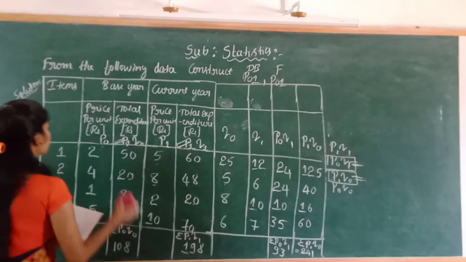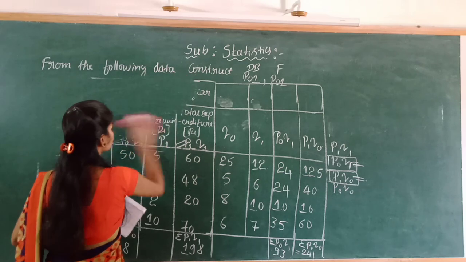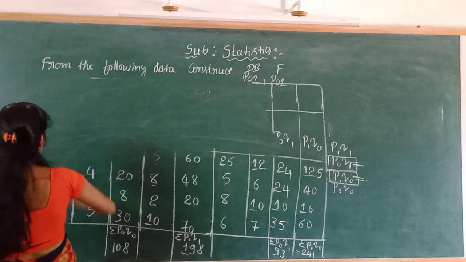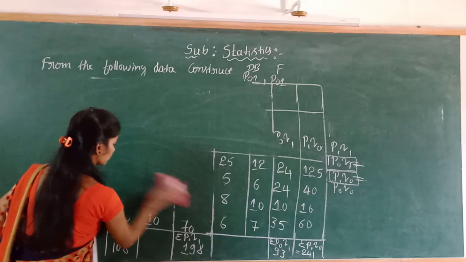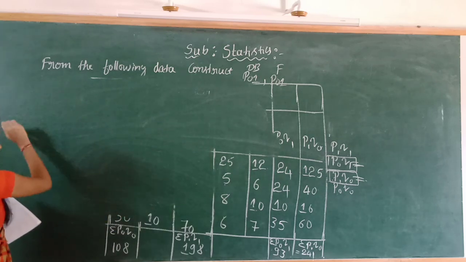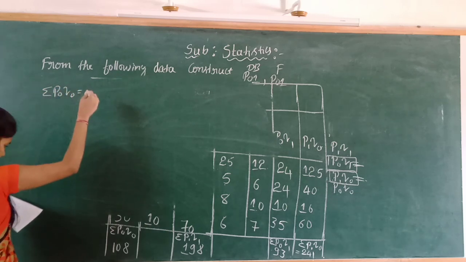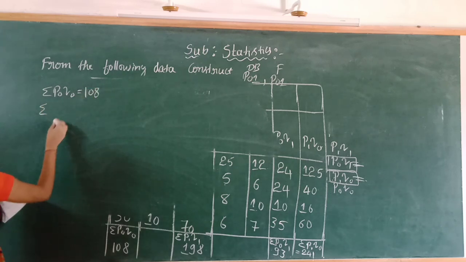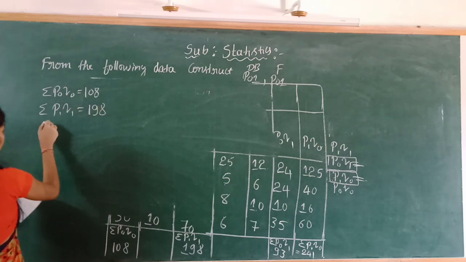So write it separately. Summation P0, Q0 value is 108, and summation P1, Q1 value is 198.